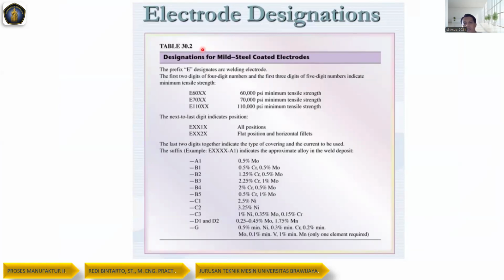This is the table of the mild steel code electrode. So when we try to find any kind of electrode in a store, we can check the code to make sure about the strength of the welding after we weld.